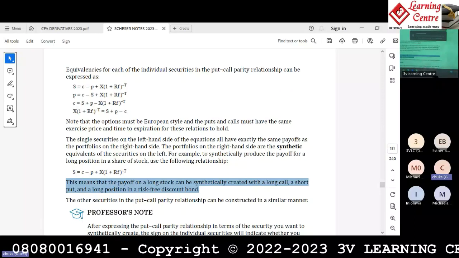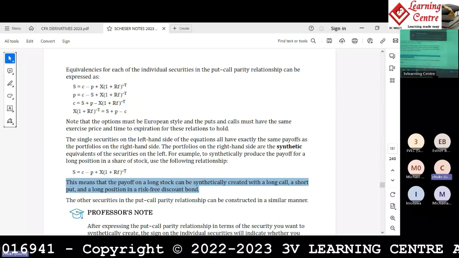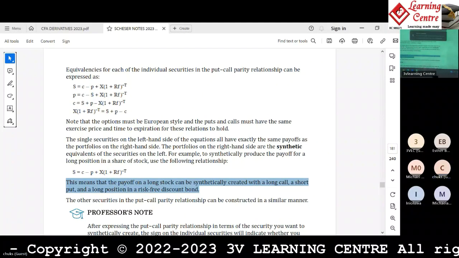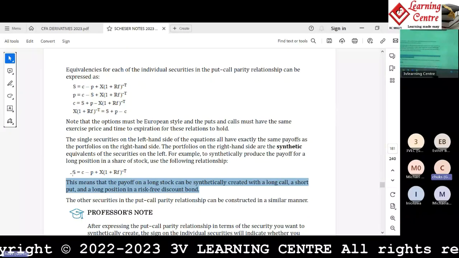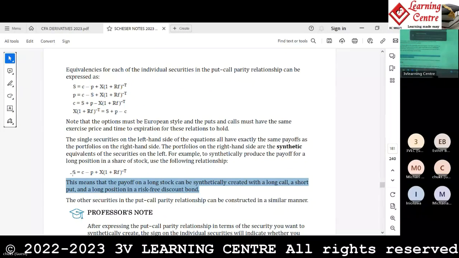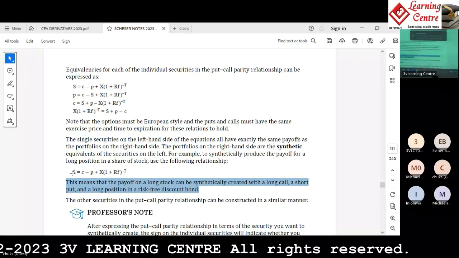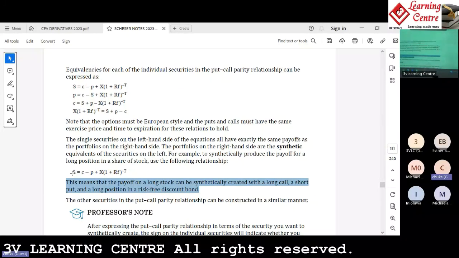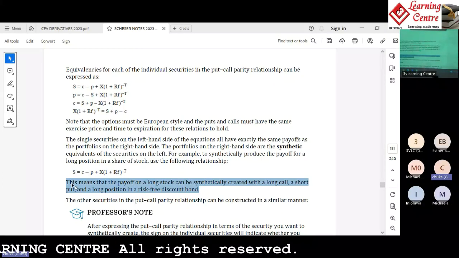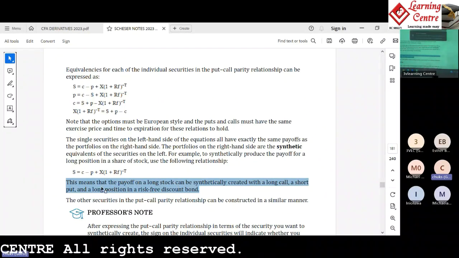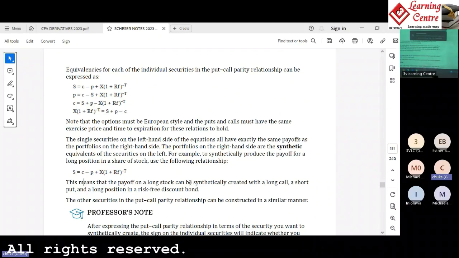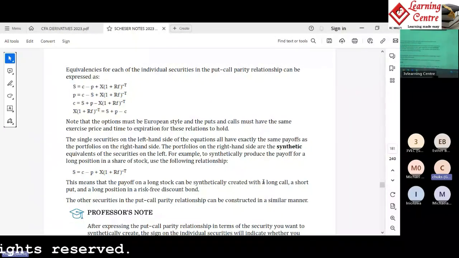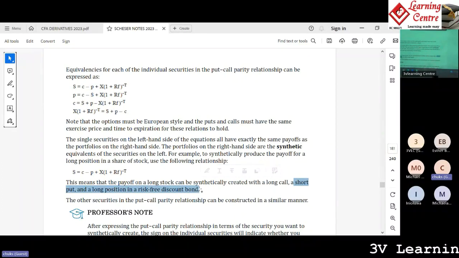You'll be asked a question: when you have a long stock, so when you are buying a stock, the person that has bought the stock has to balance it out with a long call, a short put, and a long position in the risk-free discount bond.